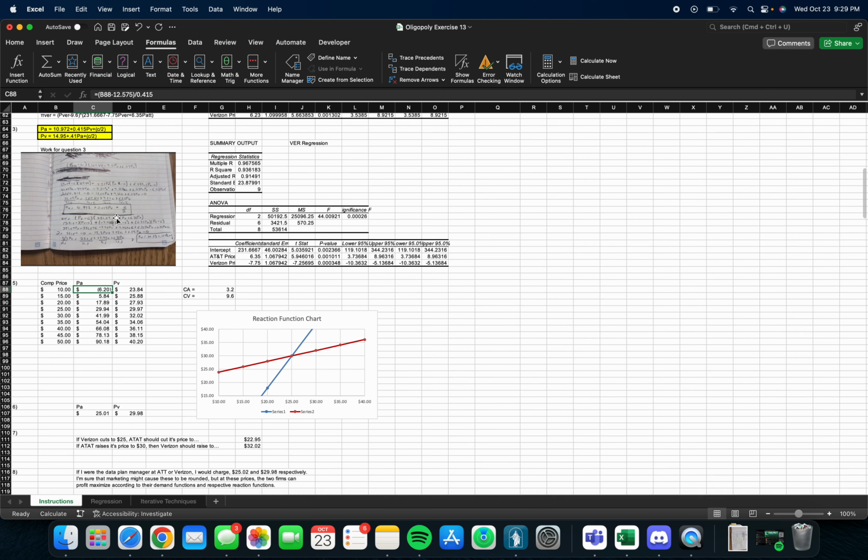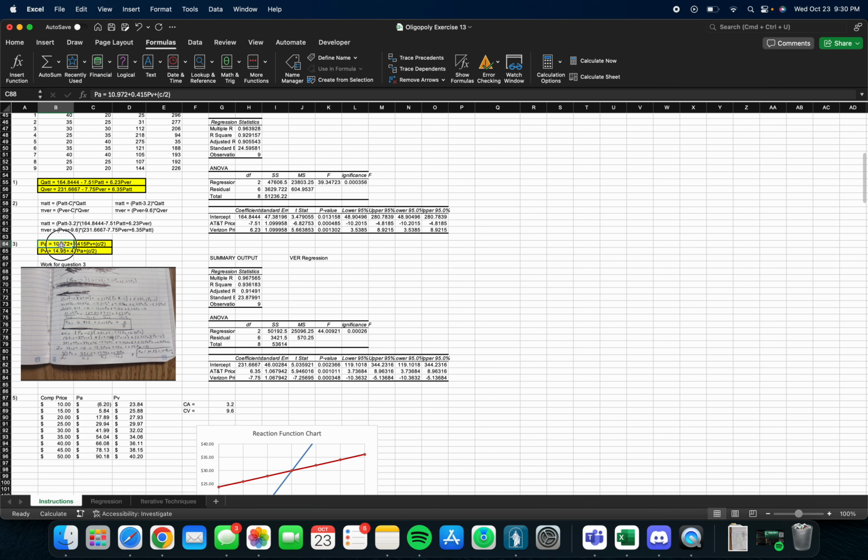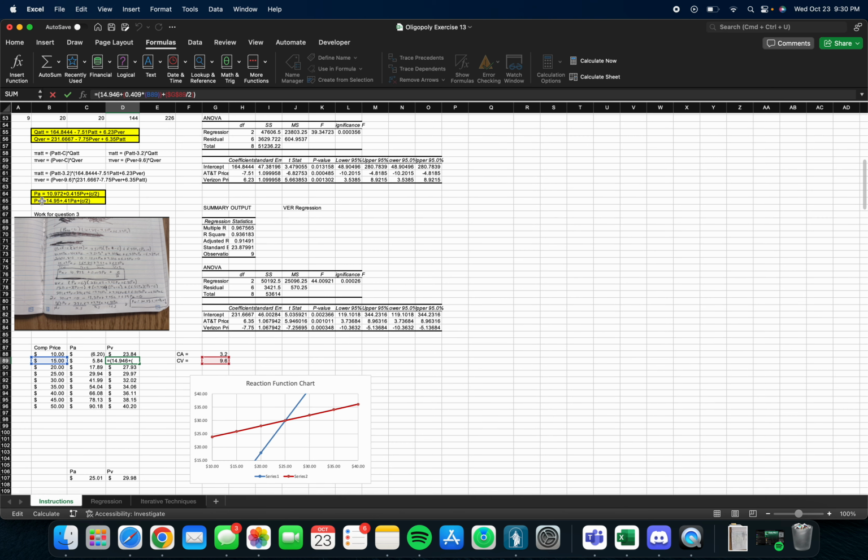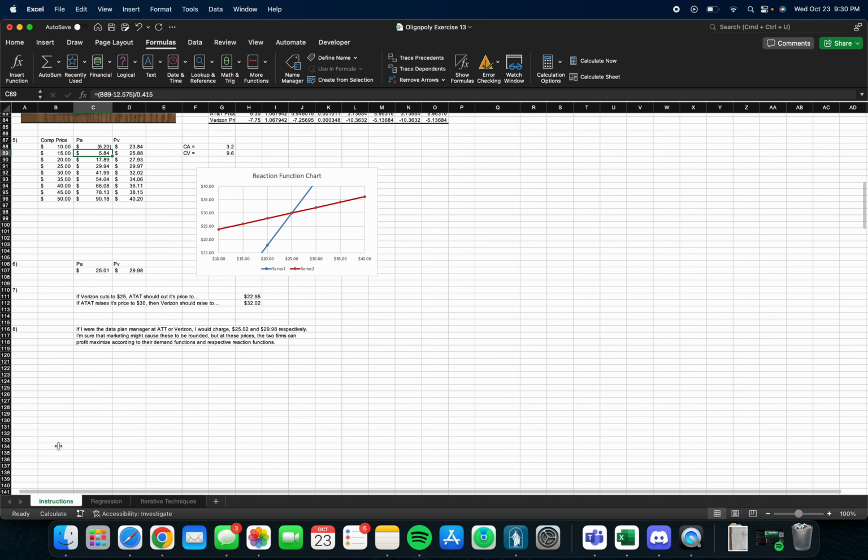So as you can see, it's the reaction function of the price of A, basically in its inverse form, and that shows us, when these cross, the optimal price point that each of them should be setting based on their costs and their reaction functions. And so I plugged in for this one just the price of Verizon's reaction function, and again, this one was the price of AT&T inverse reaction function.